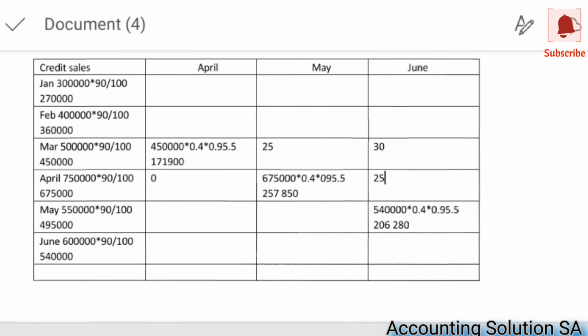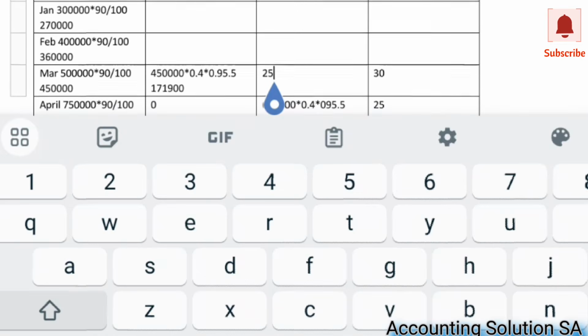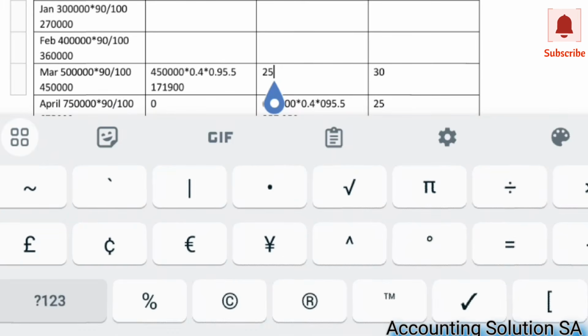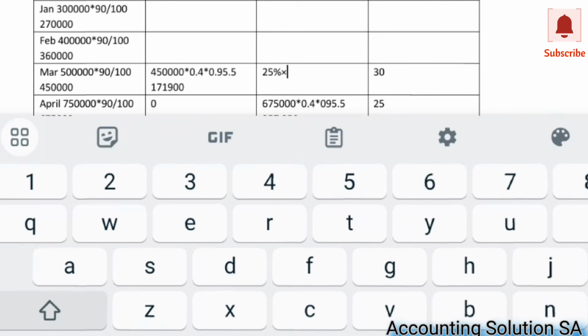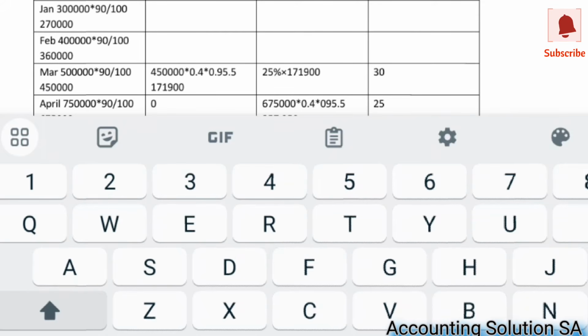Okay, which means that you're just gonna multiply. Let's just multiply 25% multiplied by 171,900, and we get how much?